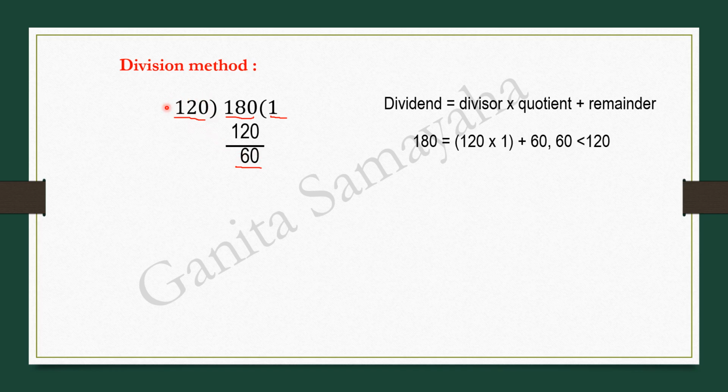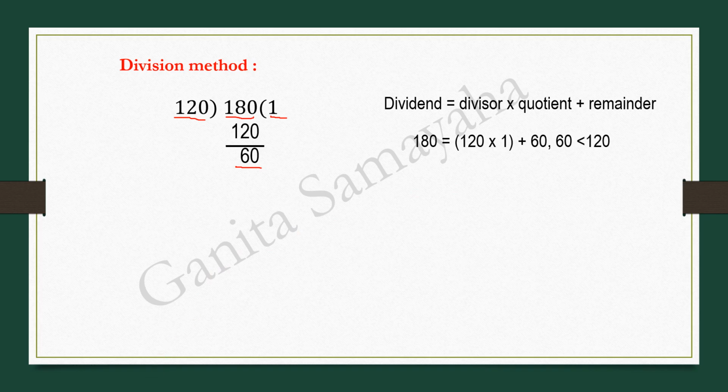Can it be more than this divisor? No, it cannot. If it is more, that means that you can divide it further, isn't it? Suppose we had 121 as a remainder after dividing by 120. It means that we can divide it further. We cannot have a remainder bigger than the divisor. So here we have written that 60 is less than 120.